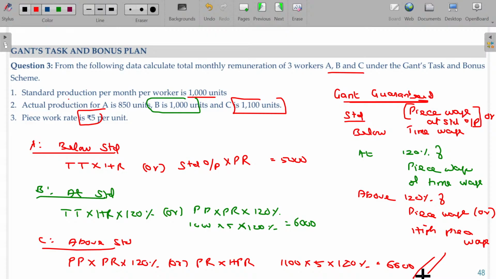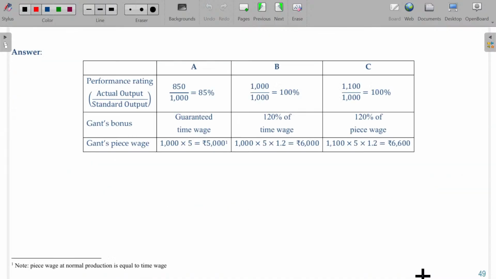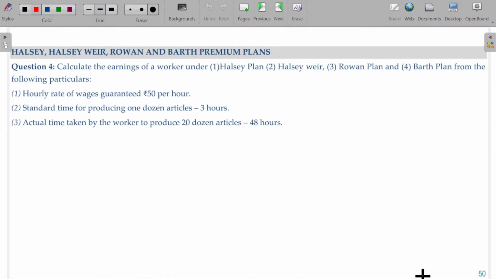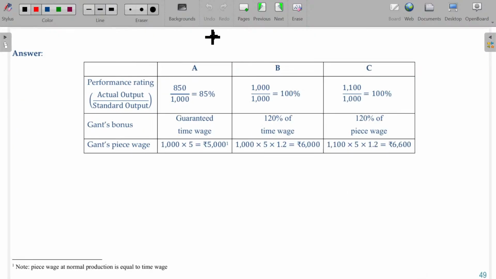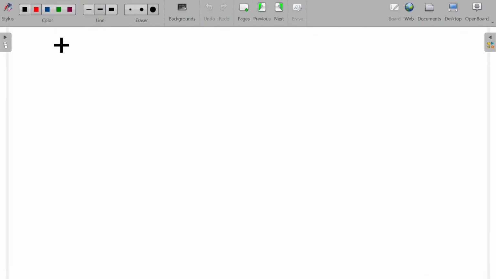Now, we'll move on to the next illustration. Premium plans.